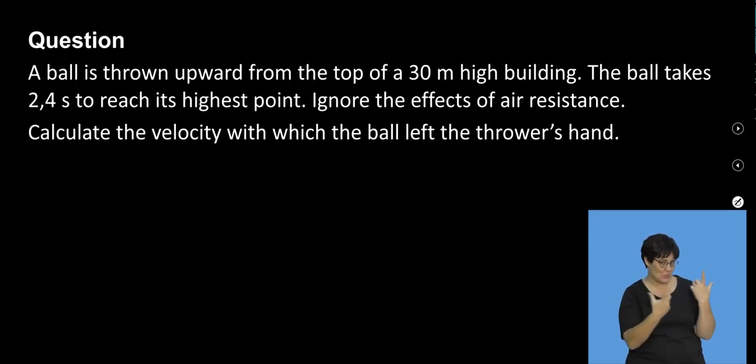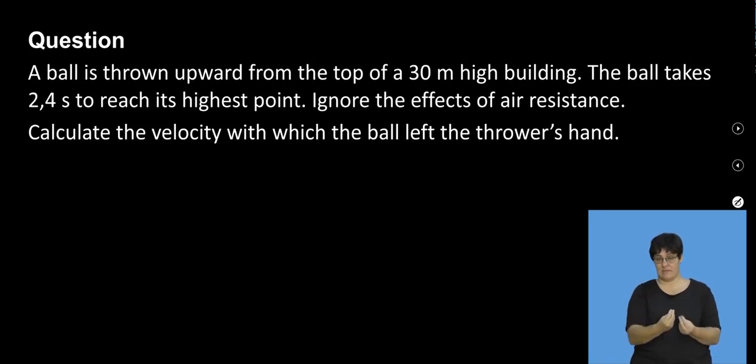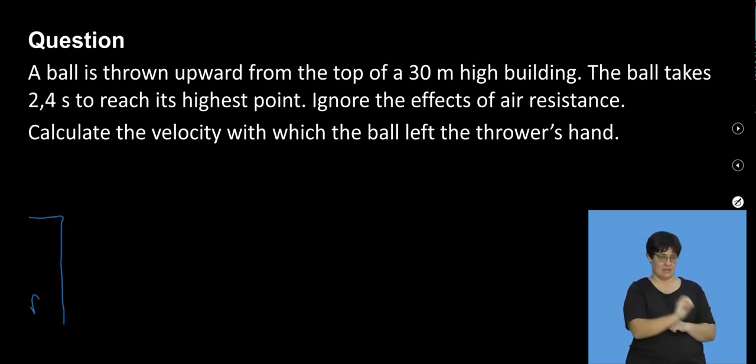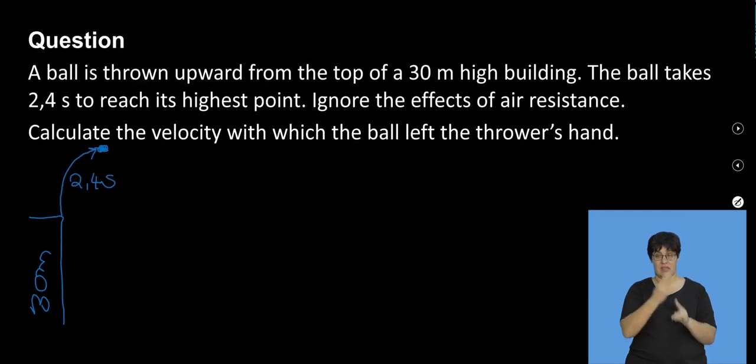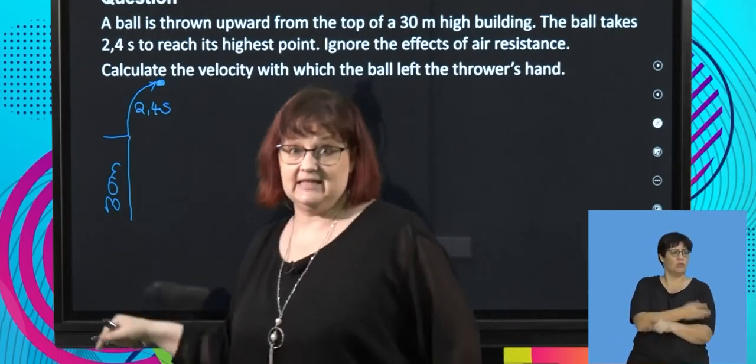Here we go. First thing that we've got, here's my building, which is 30 meters. My ball gets thrown up. It takes 2.4 seconds to get to this point before it comes down. This first part of the question is exactly like the question we've just done.